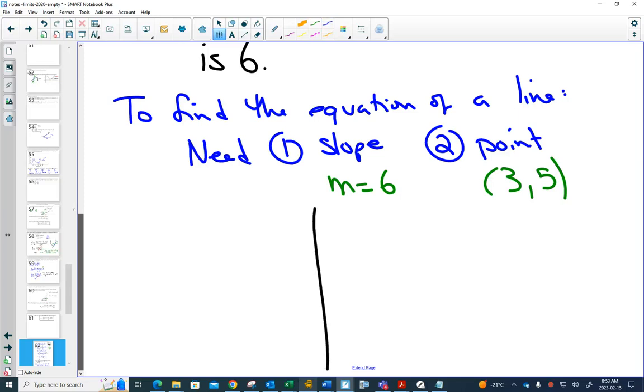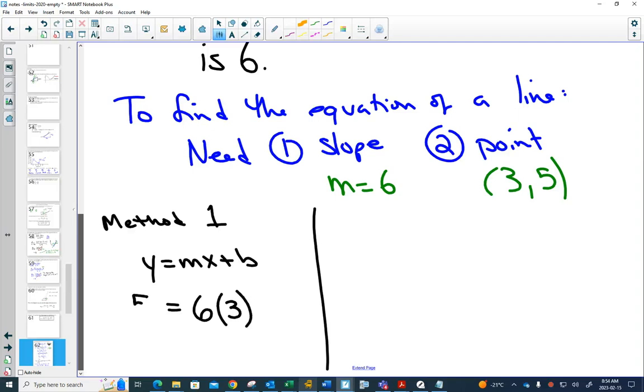Method 1 was using this formula. Do you remember this formula for a line? y equals mx plus b. If you remember that formula, what we have right now is we have m, so you would be able to plug in 6 for m, and you have a point, so you know that when x is 3, y is 5.